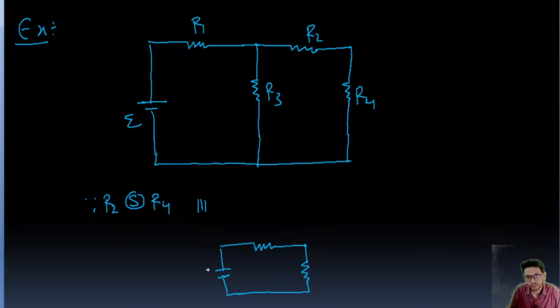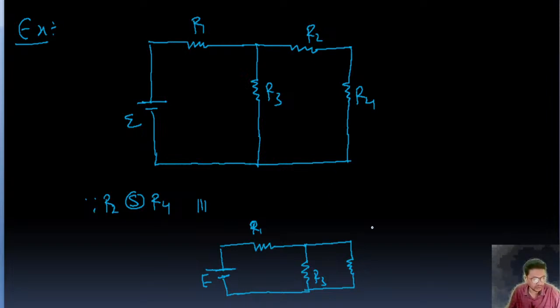This is E, this is R1, and this is R3. And this is going to be R2 plus R4, because they are in series.